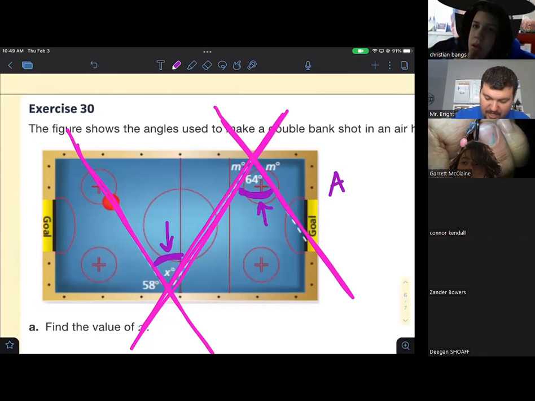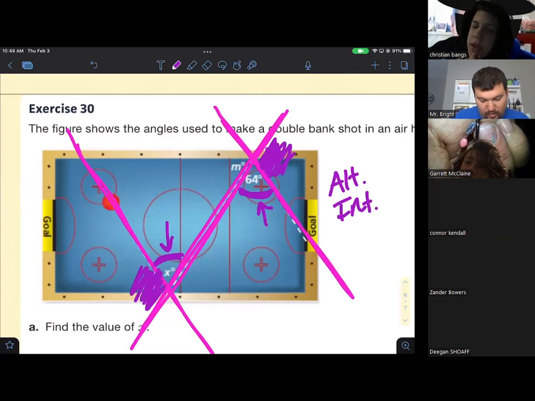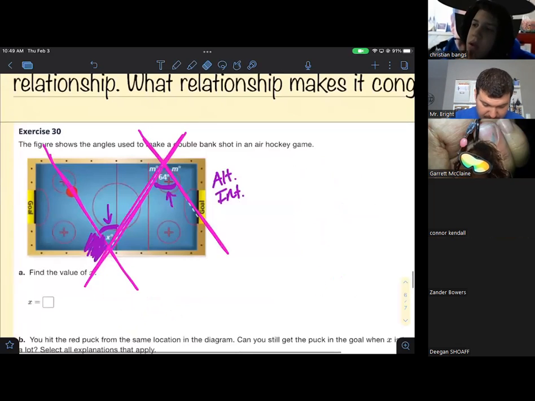Alternate interior. Good job. Yeah, so that might help. If I were to cover this up and cover that up, and then you twist your iPad a little bit, they're on opposite sides of the transversal, and they're also inside the parallel lines. So angle X is going to be 64 degrees.